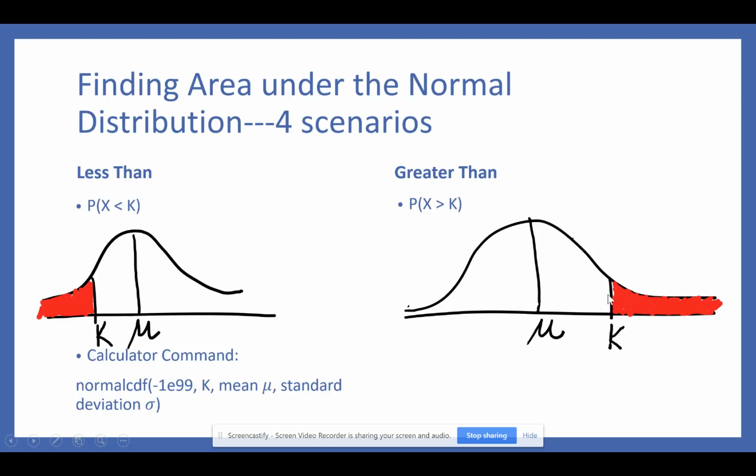We want to be greater than that, so we would shade to the right. Again, because this is continuous, it's going to go on forever and ever to the right, or to positive infinity. So again, we still use the normal CDF command. We give it our low value first, which is k, our high value, which would be infinity, the mean, and the standard deviation.